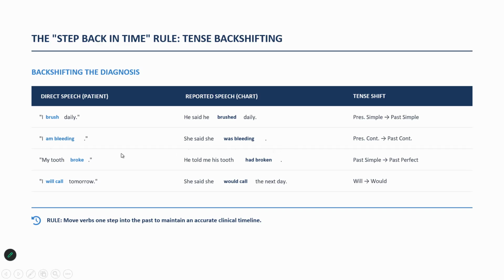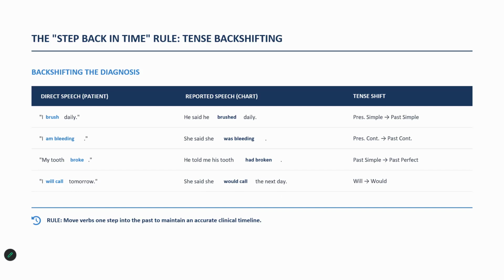If it was a past simple situation, my tooth broke, you're going to move it to past perfect. He told me his tooth had broken. And if it's a situation with a modal, I will call tomorrow, you're going to make sure you are shifting the modal as well. She said she would call the next day.